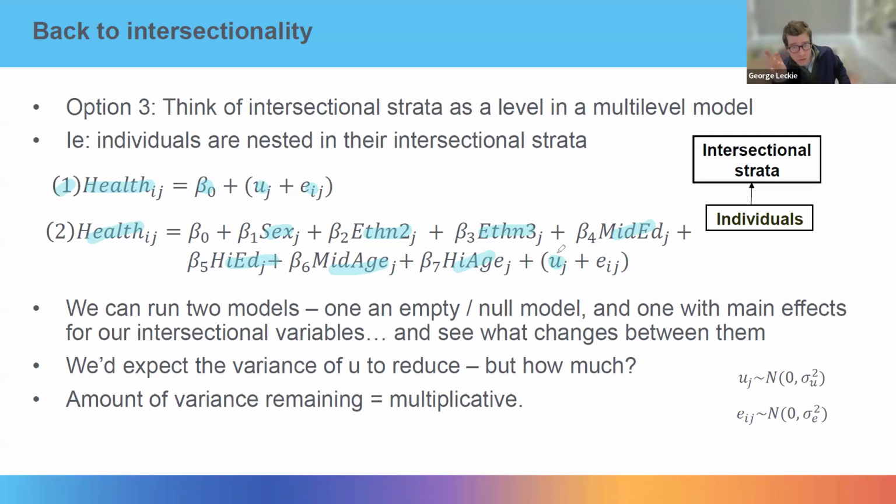But now this random effect is picking up conceptually all possible 2-way, 3-way, and 4-way interaction effects. We've got 4 social identities in the model: sex, ethnicity, education, and age. So if we were to put in all the interactions in the conventional way, we'd get up to a four-way interaction.